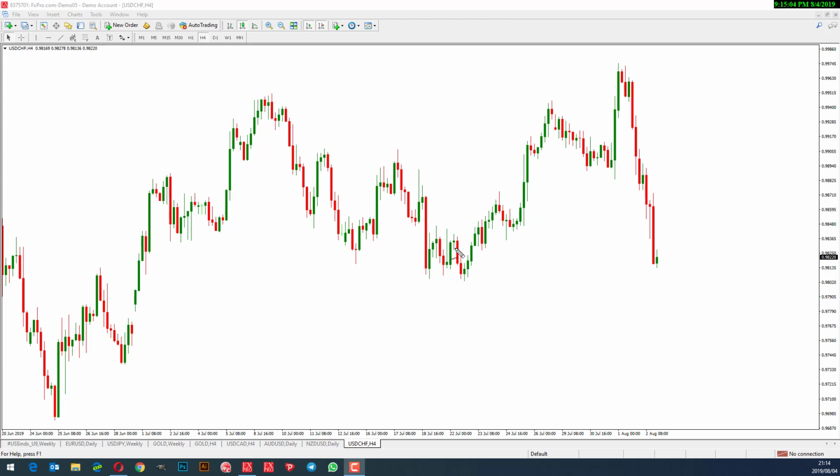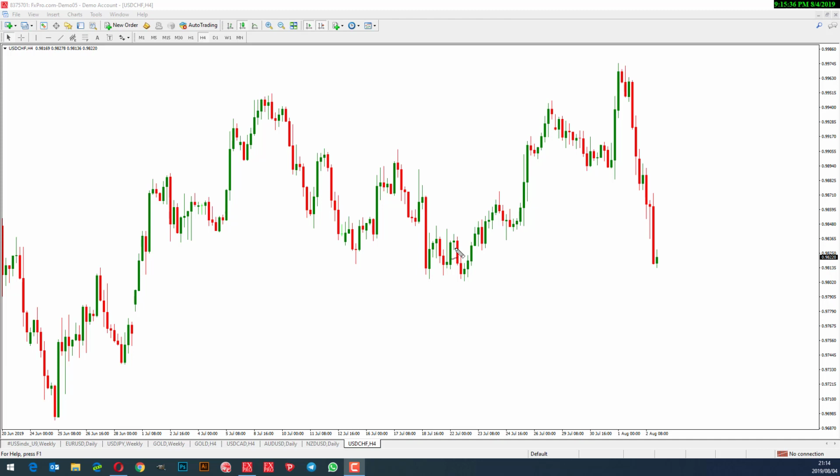Right, I hope you understood the structure of the candlestick. Now we are going to talk about two of the most important candlesticks that we will be using in our analysis. Those two candlesticks are the bullish engulfing and the bearish engulfing candle.